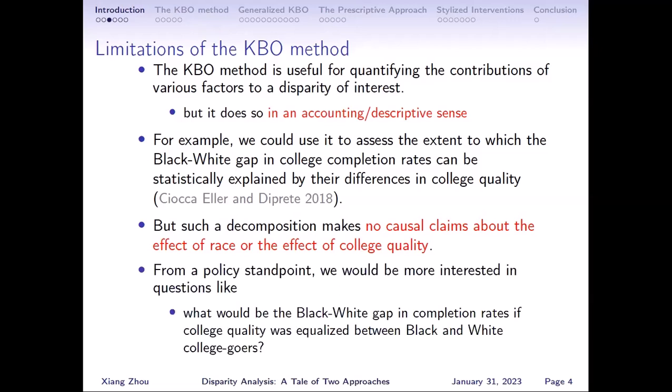From a policy standpoint, we would be interested in different kinds of questions, like what would be the black-white gap in completion rates if college quality was equalized between black and white college goers, or if college quality was somehow equalized conditional on some metric of merit, like high school GPA? But such questions are not really targeted by the KBO decomposition.